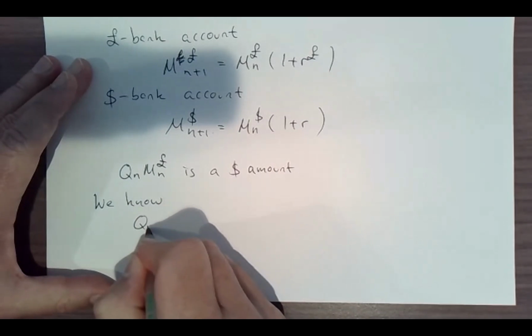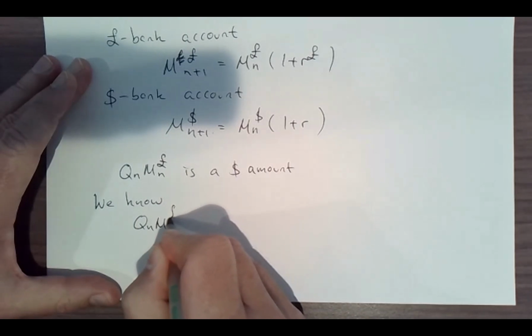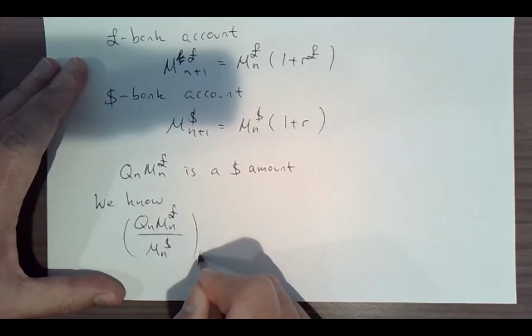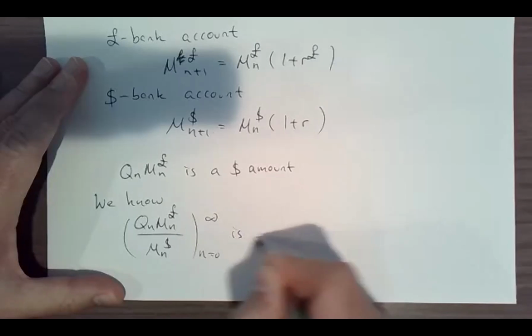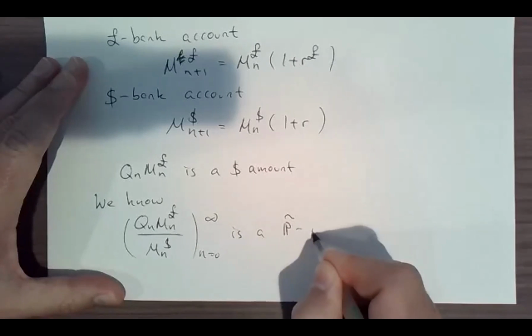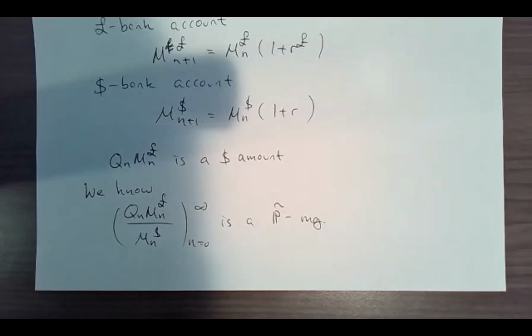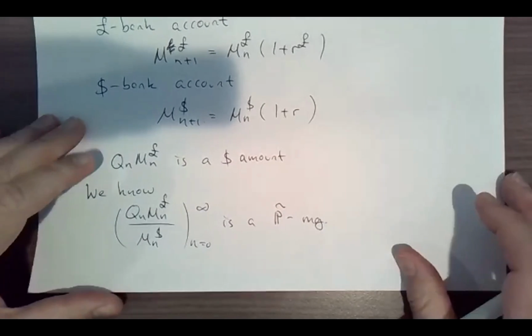So we know that QN MN pounds divided by MN dollars, this object here, is a P tilde martingale. And that's what the question is about.